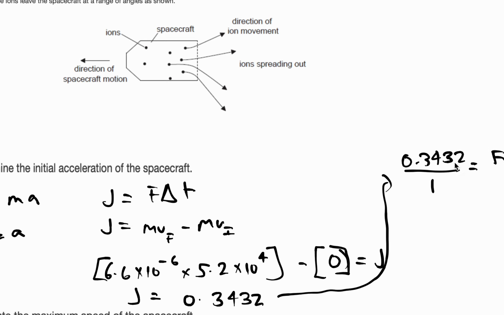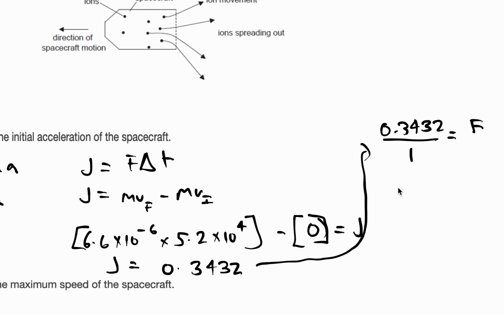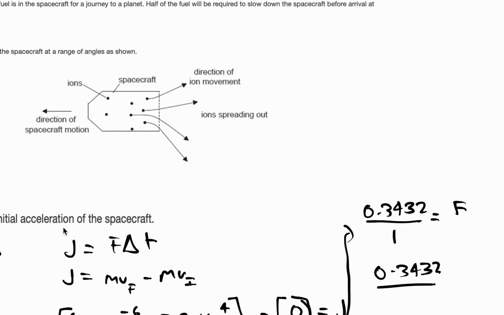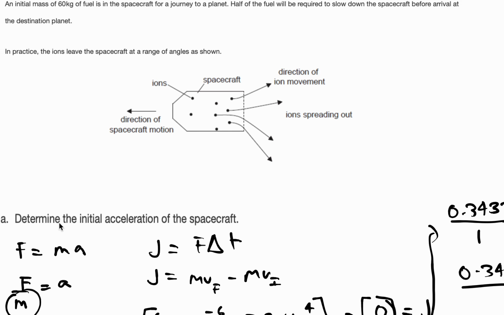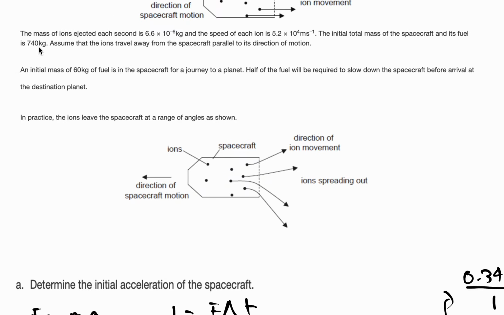Now, using this force which we calculated, we can then solve for acceleration, because we put 0.3432 over the mass. The mass of the spacecraft, because we were calculating the acceleration of the spacecraft, will be 740 kilogram, as it states right there.